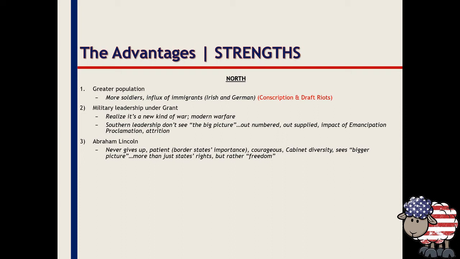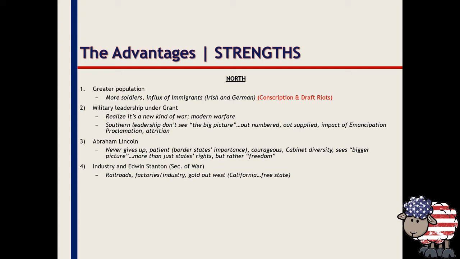And then in the North, Abraham Lincoln's cabinet member, Edwin Stanton, the Secretary of War, and the industrialization of the North. There's railroads, factories, industry, gold out west in California. So the actual industrialization that led up to the Civil War is a significant strength for the North, as well as the gold from the state of California, the free state of California.